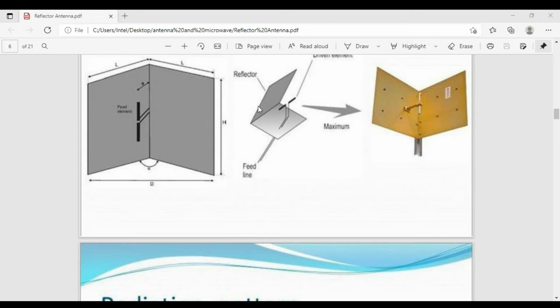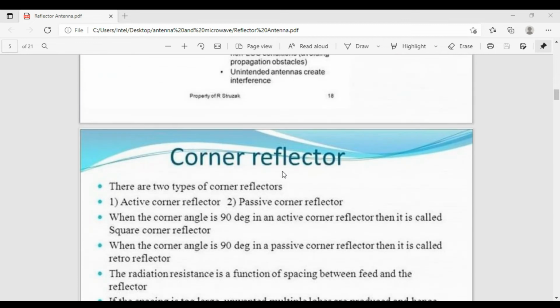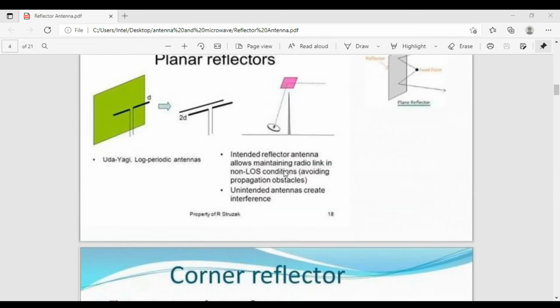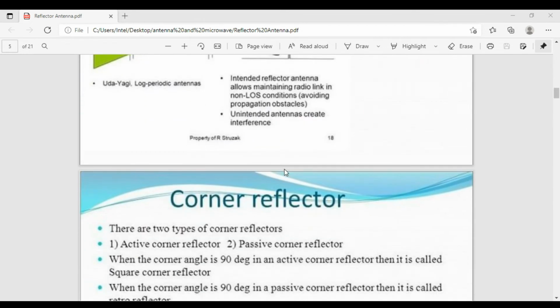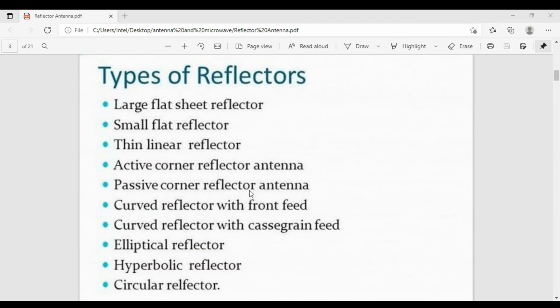So if the angle between the two plates is 90 degrees, it is known as a retro reflector. Here it is the corner reflector.